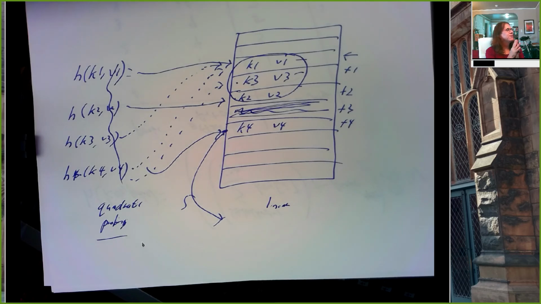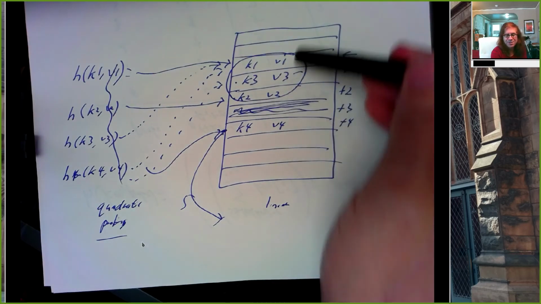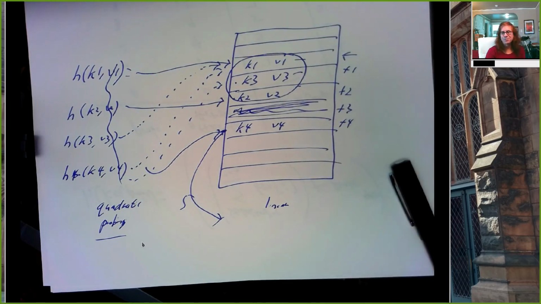So would this be O(n) for the insert? Depending on what n is, this will be order of the average size of your clusters, I believe, right? If everything is nicely distributed, and you've got something here and something here and something here, and your table is only 10% full, it's still asymptotically constant time, order 1.